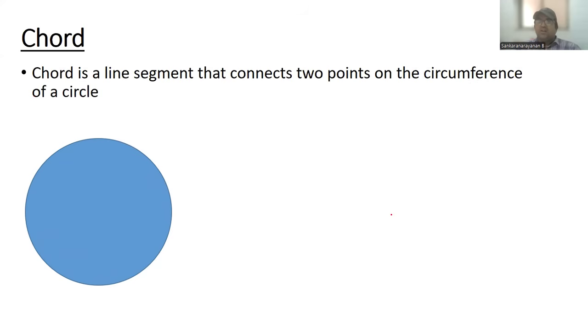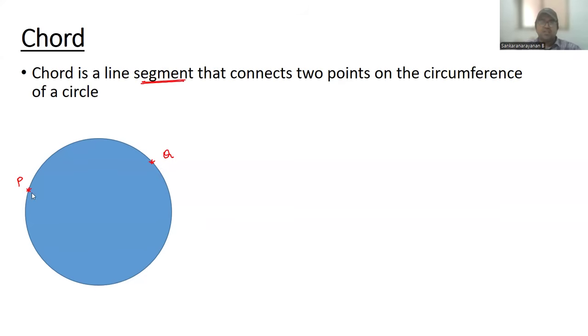Now, let's talk about chord. A chord is a line segment that connects 2 points. Those 2 points are lying on the circumference of the circle. So let me consider the point P here. Let me consider another point here, Q. Now, please note, a chord is a line segment, which means it will have a fixed length, a fixed measurement.